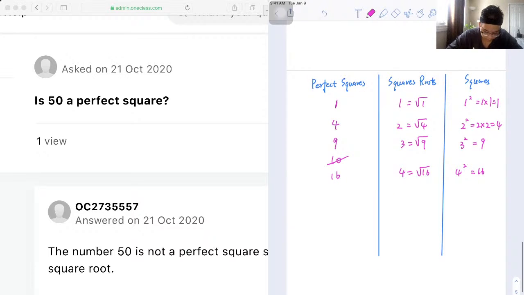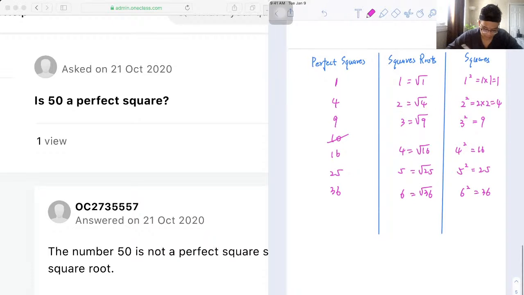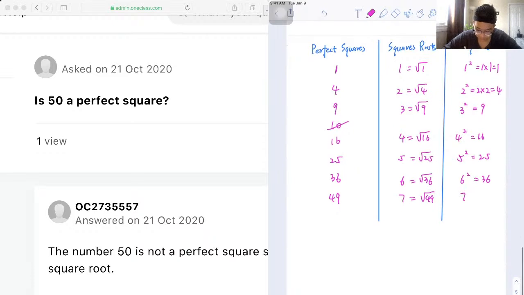Then it will be 25. The square root of 25 is equal to 5, and 5 squared is going to be 25. Then 36. The square root of 36 is 6, and 6 to the exponent of 2 is 36. And 49, the square root of 49 is equal to 7, and 7 to the exponent of 2 is 49.